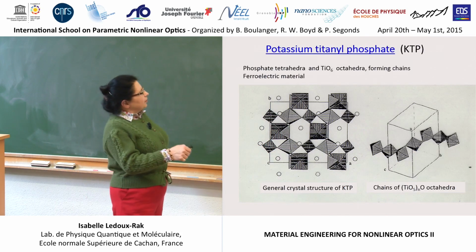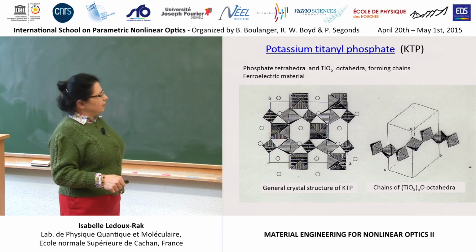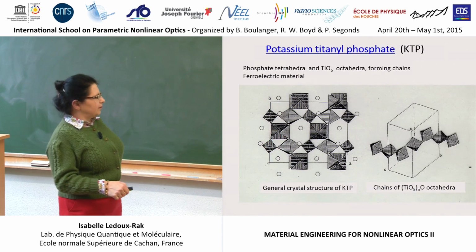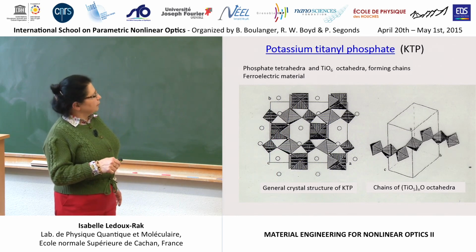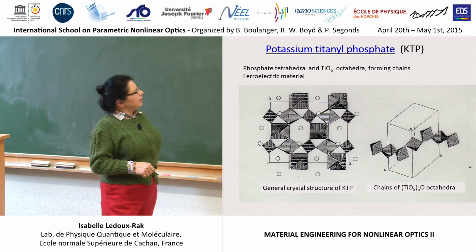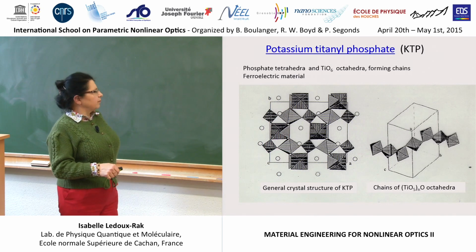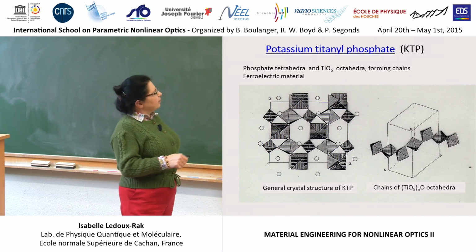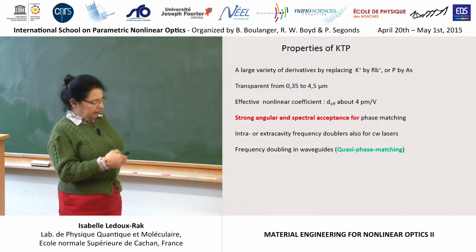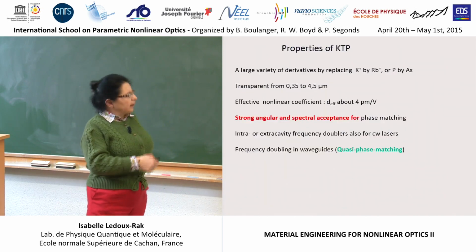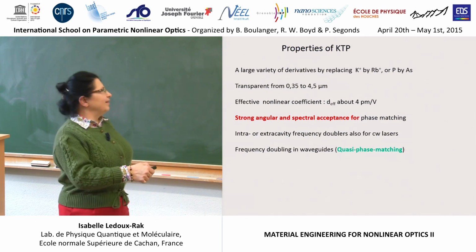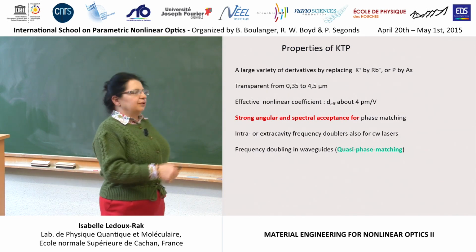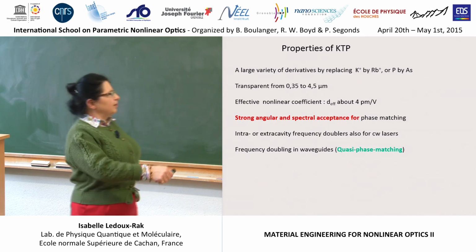Another example is potassium titanyl phosphate, which is made of chains of titanium oxide octahedra mixed with tetrahedra of phosphate, and this is potassium ions. This is a relatively efficient material and relatively versatile. It means that you can apply some material engineering even in this inorganic structure.